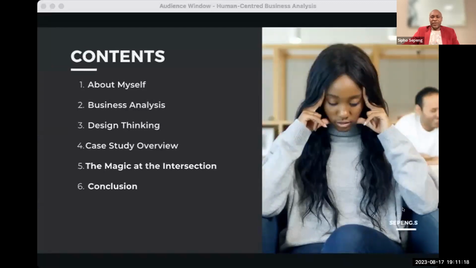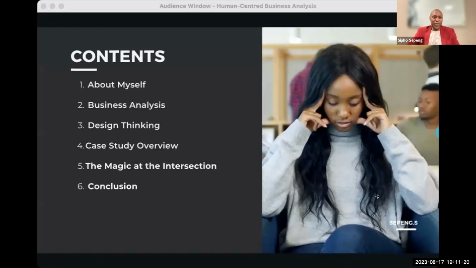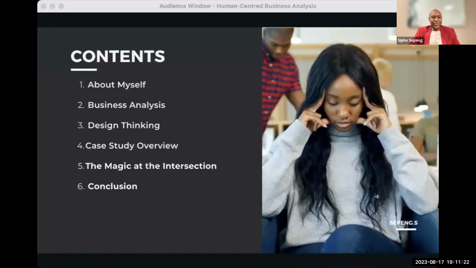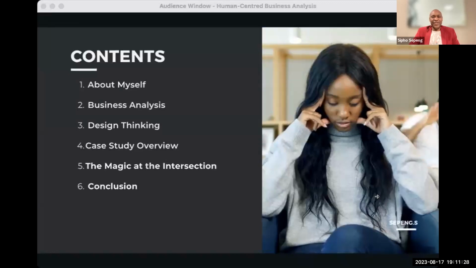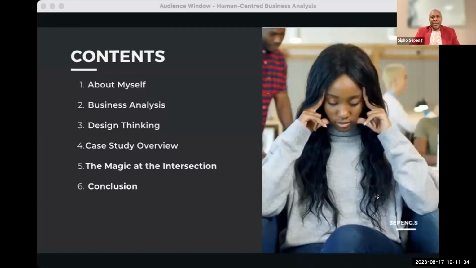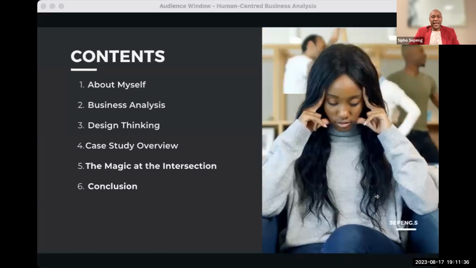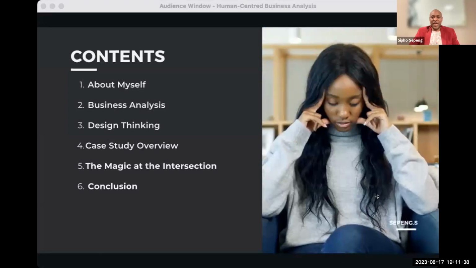So the content of the presentation today will go as follows. I'll chat a bit about myself, which Deborah has already done so comprehensively. We'll look into business analysis, just to revisit the definition, the process, and some core concepts, as well as do the same for design thinking, so we can try to identify any points of convergence.